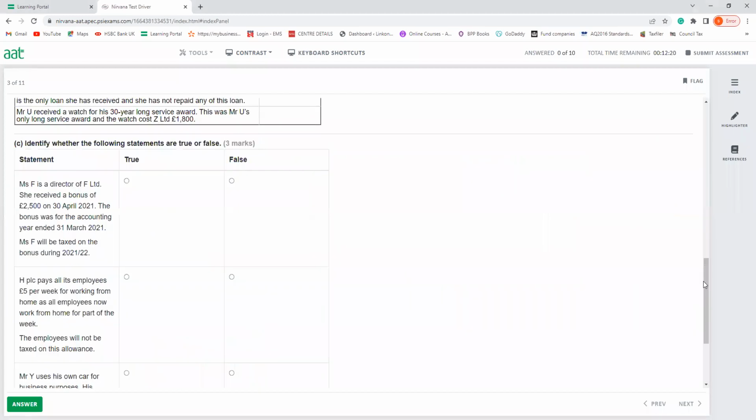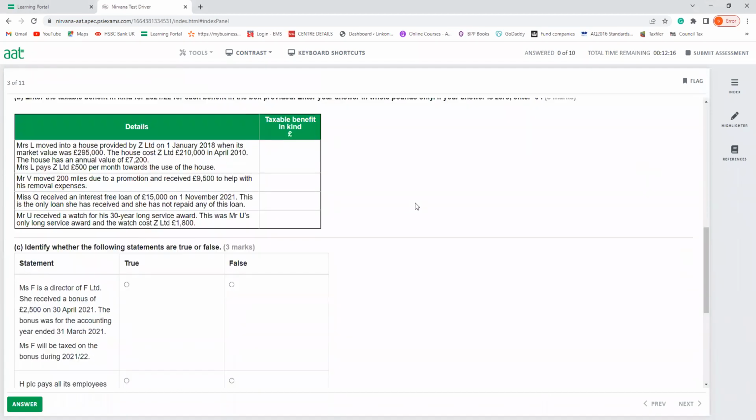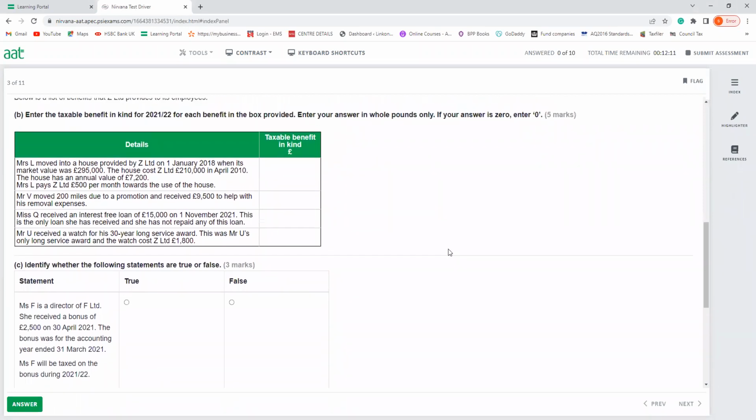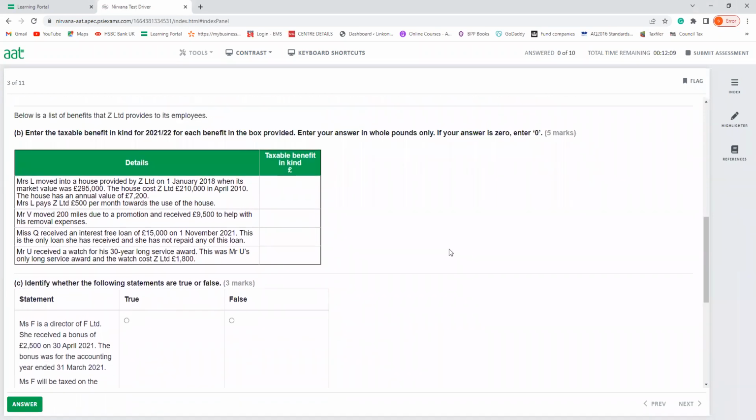If we move to the next one, we have here, it says below is a list of benefit that Z Limited provides to its employees. Okay, we need to find out which benefit is taxable and how much it is. So let's look at the first one. It says enter the taxable benefit in kind for 21-22 for each benefit in the box provided.